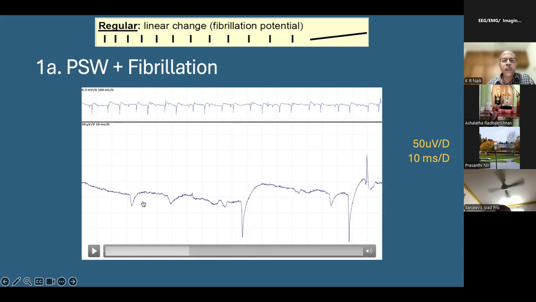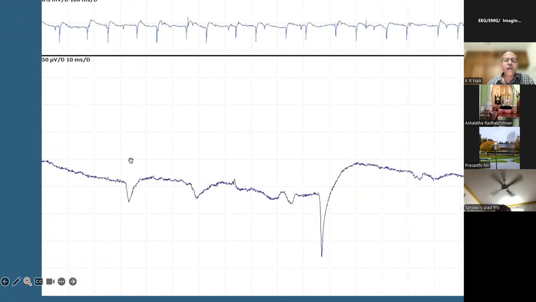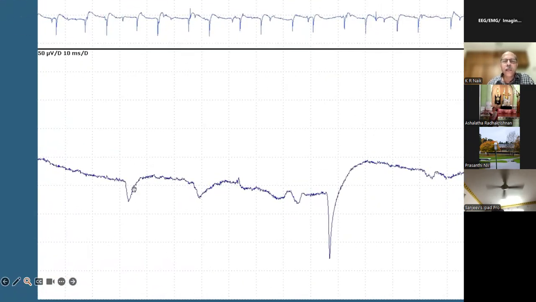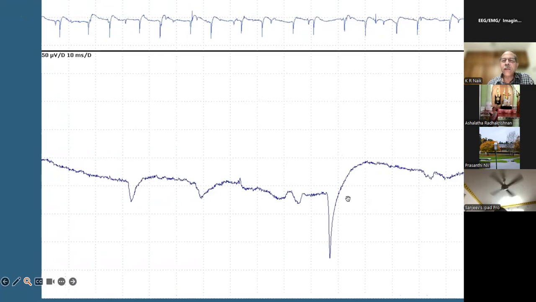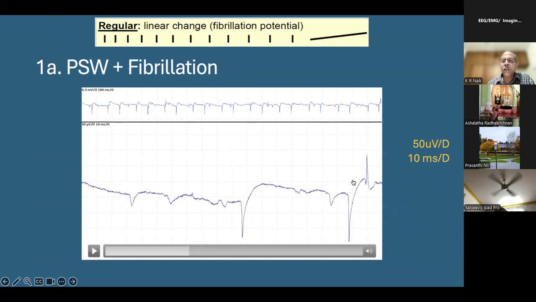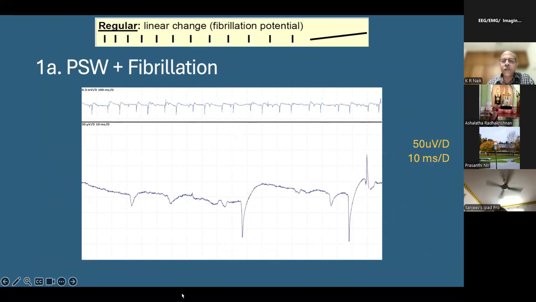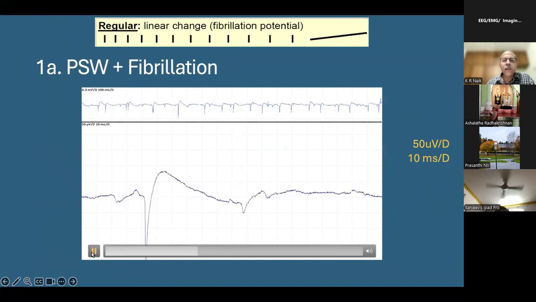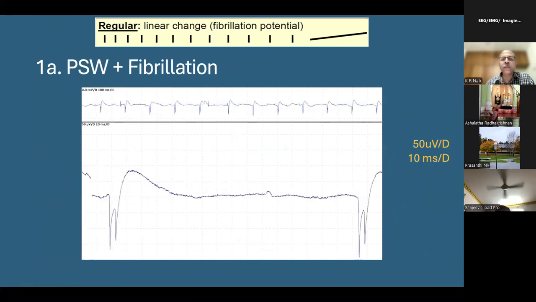We have one more which is slightly further away here. This is one more fast sharp wave, and this one more. These are from muscle fibers which are further away. This is the one which is nearest to the recording electrode. And here you have a fibrillation potential, which is just after that. We'll just play this. The firing is very, very regular.